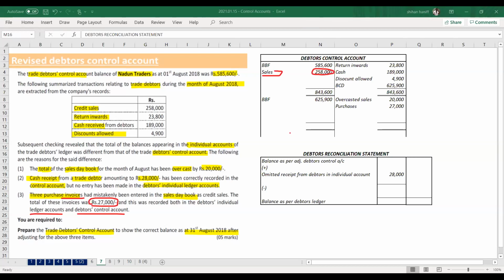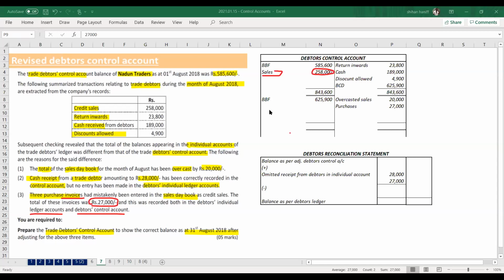It's a plus. Correct. 27,000. See, here we have deducted the control account balance. Therefore, the control account has a lower balance, and the debtors ledger has a higher balance.